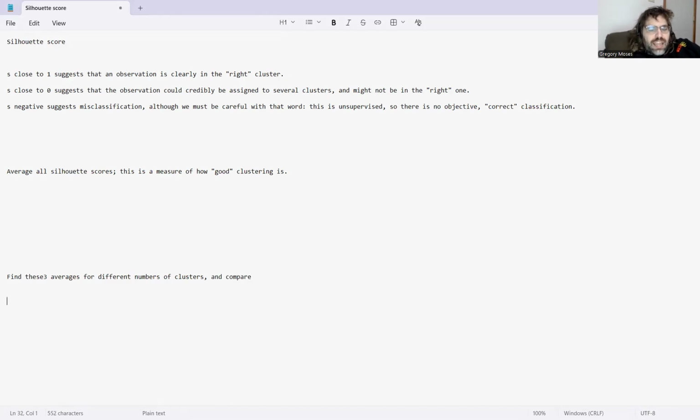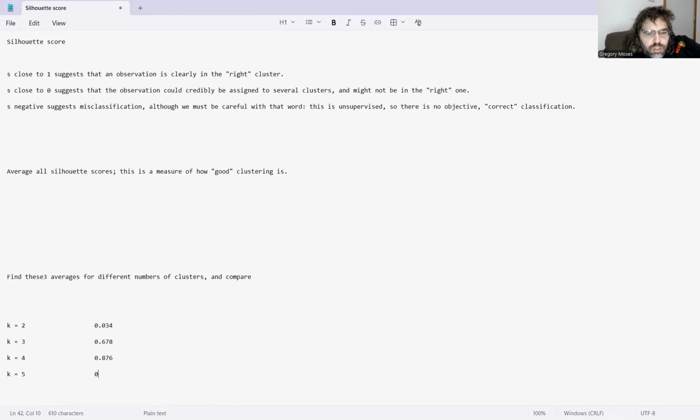And compare. So maybe when you have two clusters, the average silhouette score is this. And when you have three clusters, the average silhouette score is this. And four clusters, that.